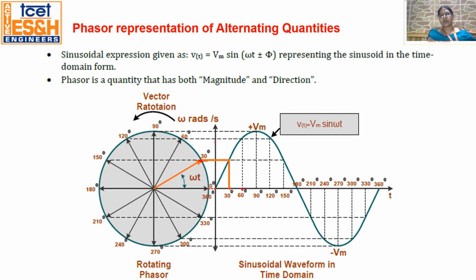If this is 60, it is represented by this, 90 is equivalent to this point. Each and every point has a representation in two ways: in the form of a rotating phasor, and in the form of a sinusoidal waveform in the time domain. The rotating vector always has magnitude as well as direction.